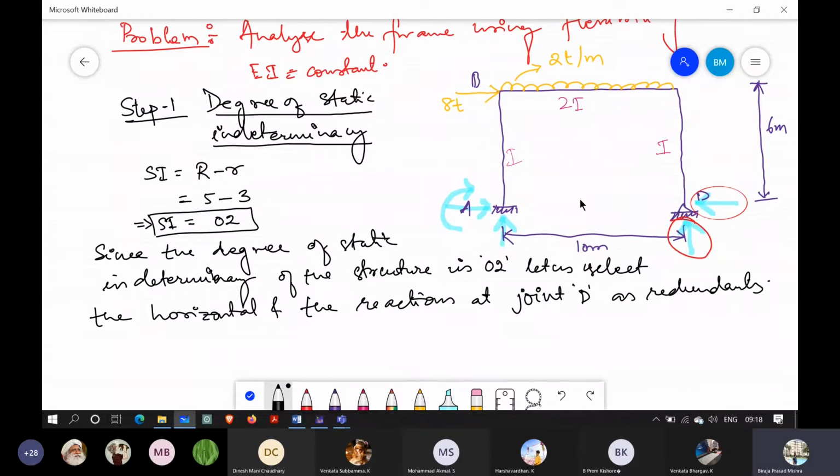Let us say this is figure 1. This we call HD, and this we call ED.